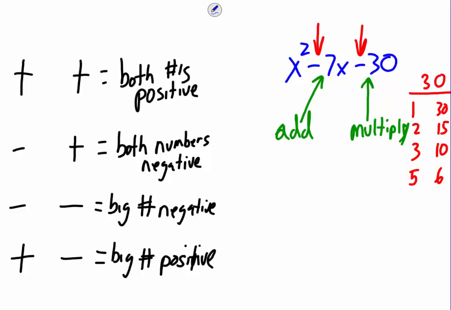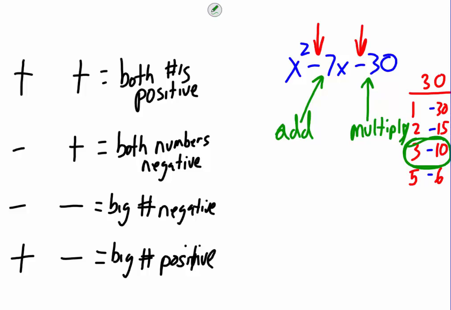So I'm going to make all the big numbers negative. Now, which one of those 4 pairs of numbers adds up to a -7? Nope, this is -29 on the top. Then 2 and -15 is -13. Nope. 3 and -10. Oh, so this is the pair that gives us a -7.